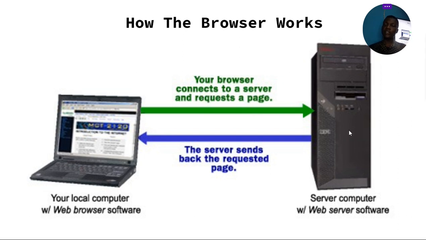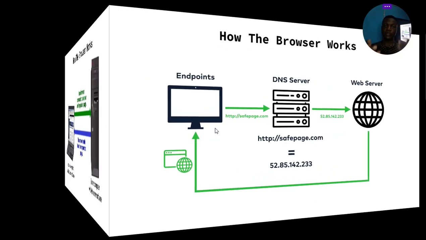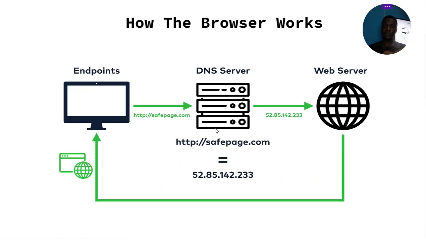The server interprets the information from the browser, and then sends back the page in the form of a response. So there are two Rs: the R coming from the client, the browser, in the form of a request, and the server serving the page to the client in the form of a response.